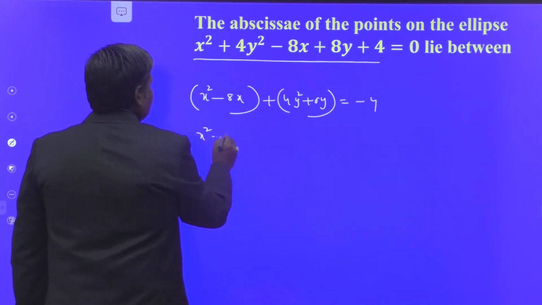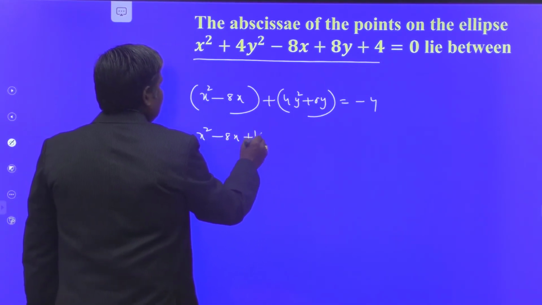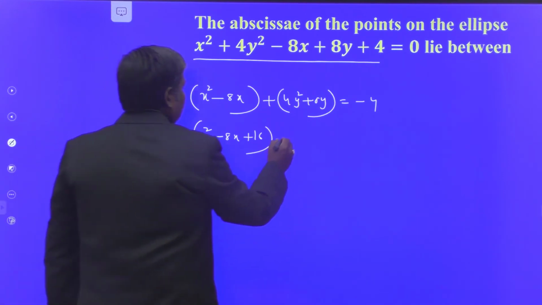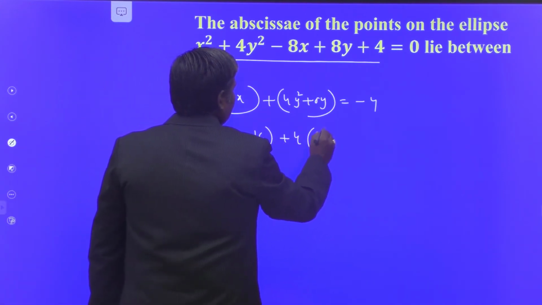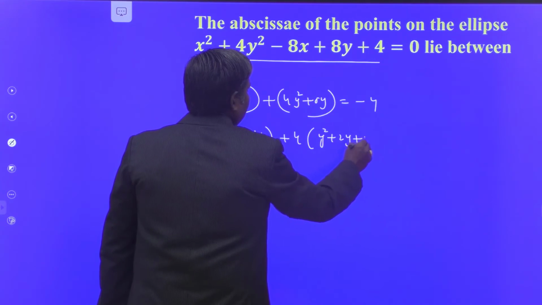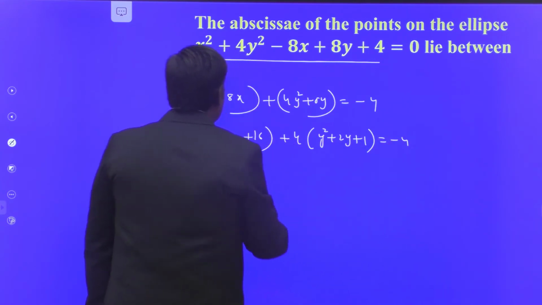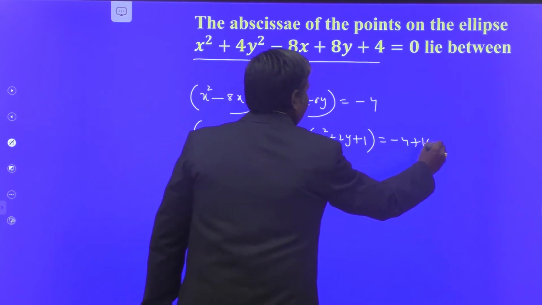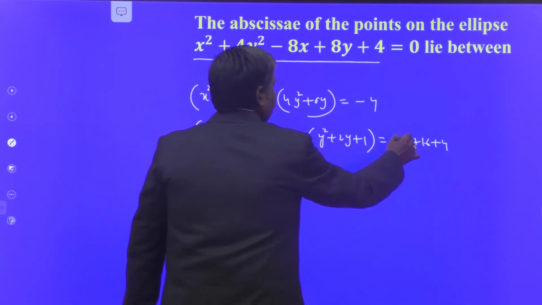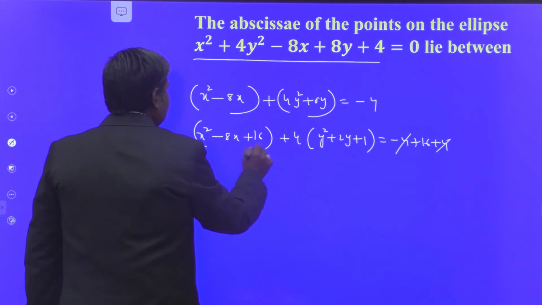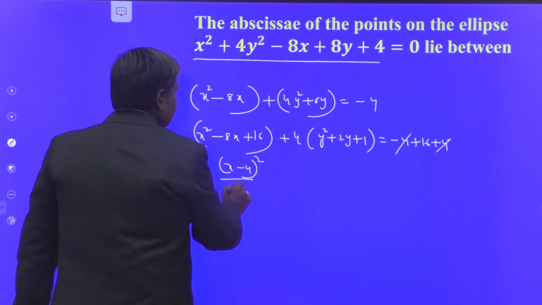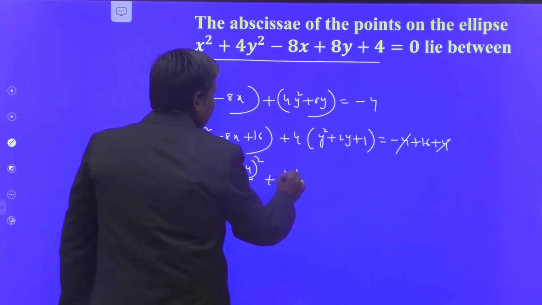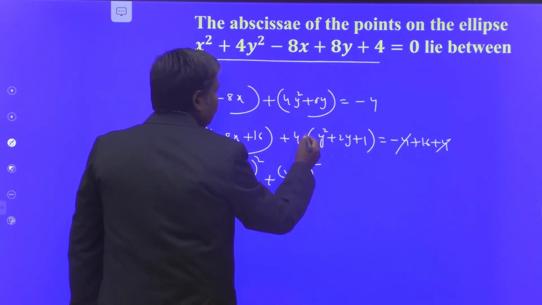So x square minus 8x plus 16, I am writing to get the complete square, plus 4 common, y square plus 2y, I am writing plus 1 here. To balance that you have to write plus 16 and plus 4 also. So 4 gets cancelled. This is nothing but x minus 4 whole square by 16 plus y plus 1 whole square by what?